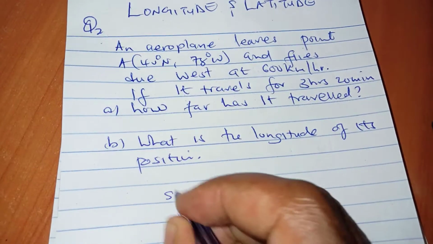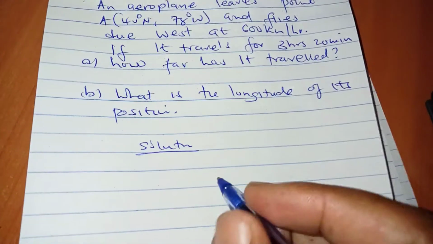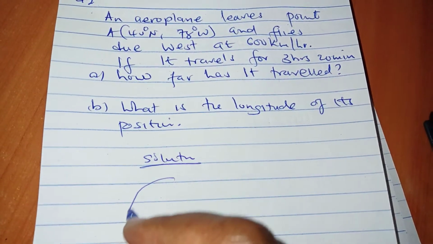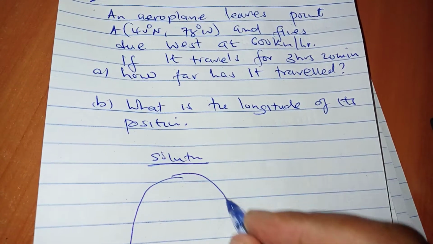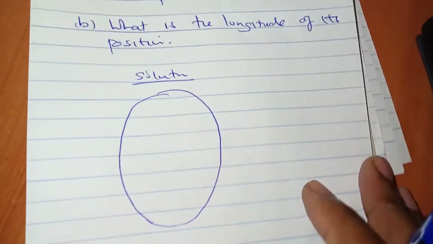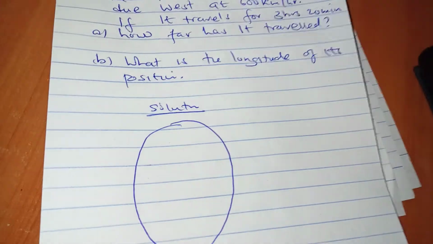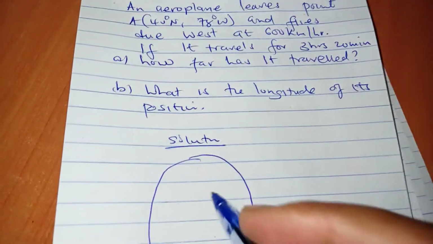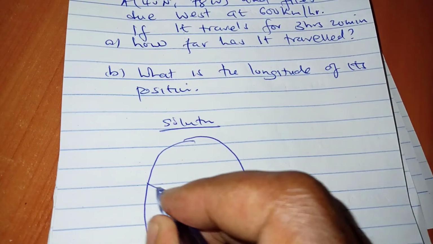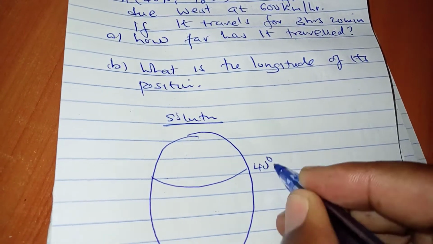So we have the solution here. I will first of all draw a sketch of the earth so that we can see where the two towns are. We are told that it's 40 degrees north, so this is my 40 degrees north.